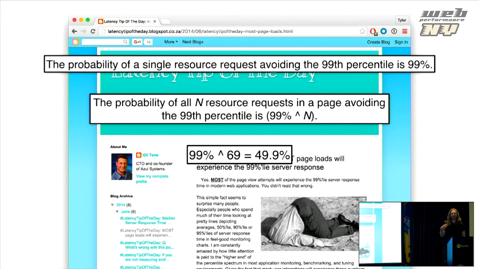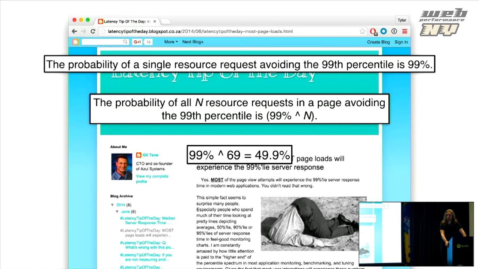So 69 seemed like, but who actually has 69 requests on their homepage? That seems silly. Who would do that? You know, you have your CSS, you have your HTML, that's silly. So Amazon currently has over 100 requests on their homepage when you first land there. One of the conference sites that I gave this talk at previously had 190.